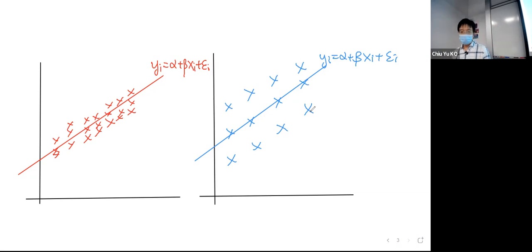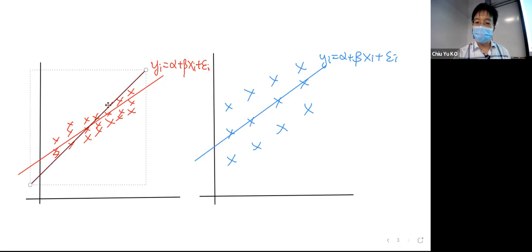So it depends on the points you have drawn. It is possible, as you can see from this diagram, that you may end up with this line if you run the regression because you get all the points near this line. You may also get this line. And if you are unlucky, you may also get this one.